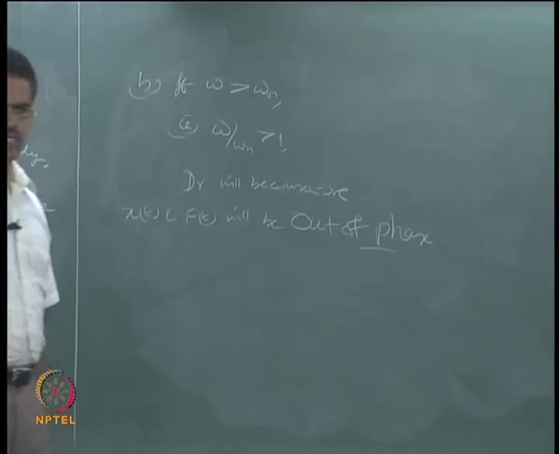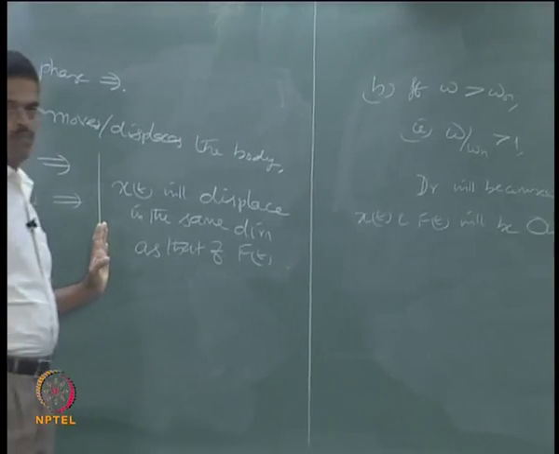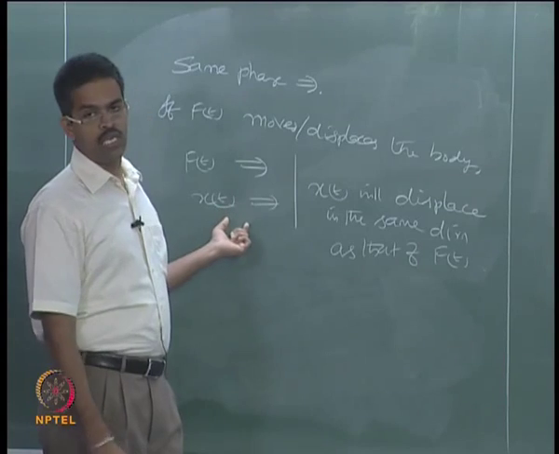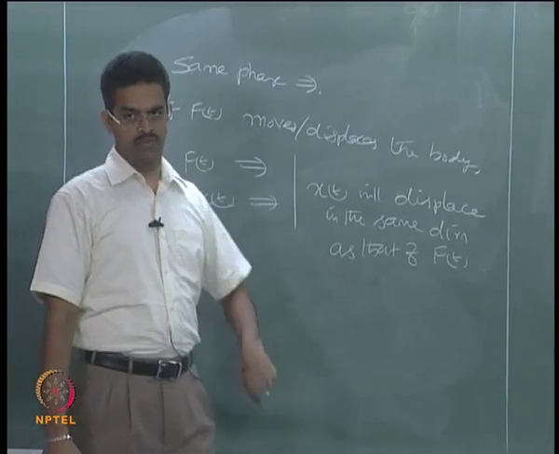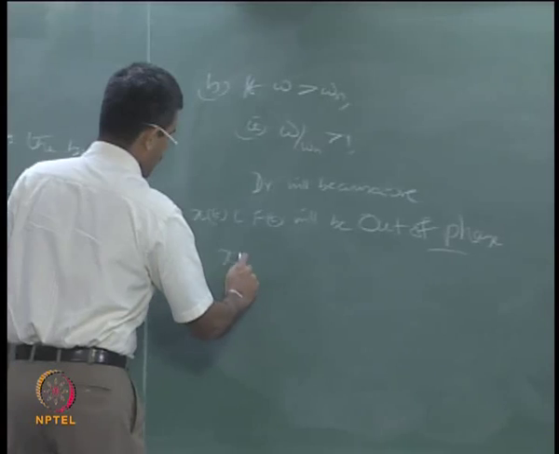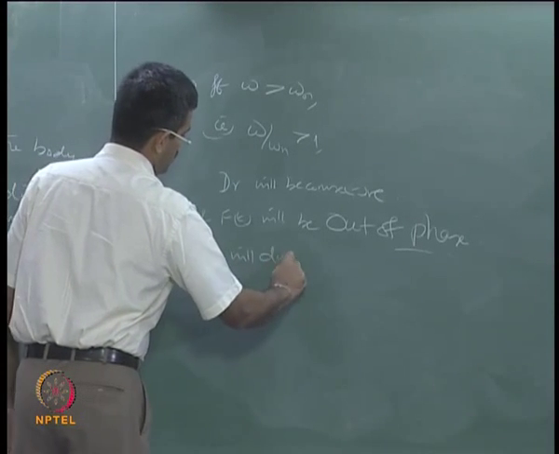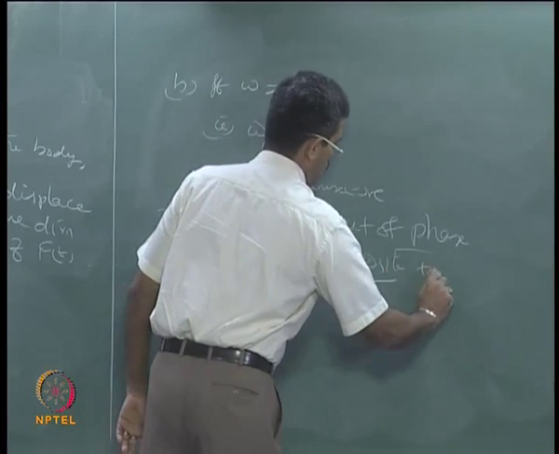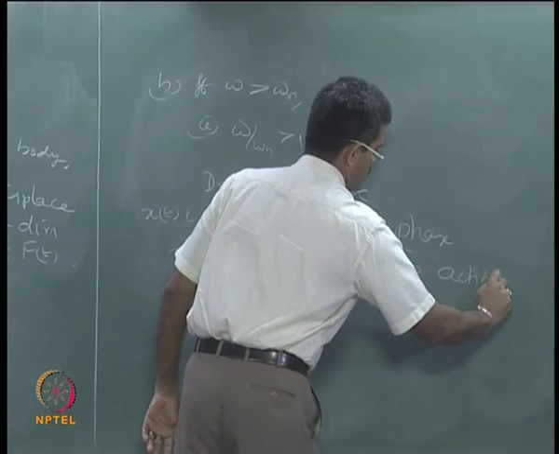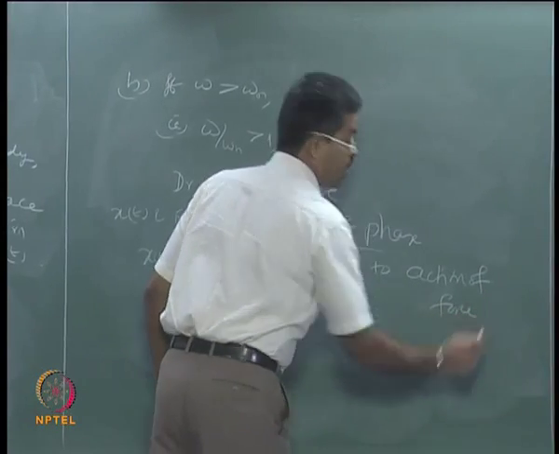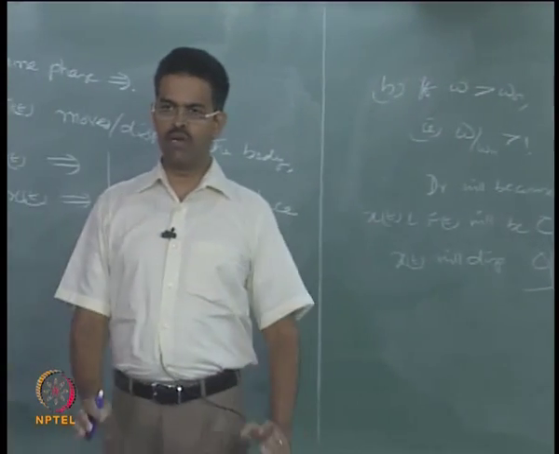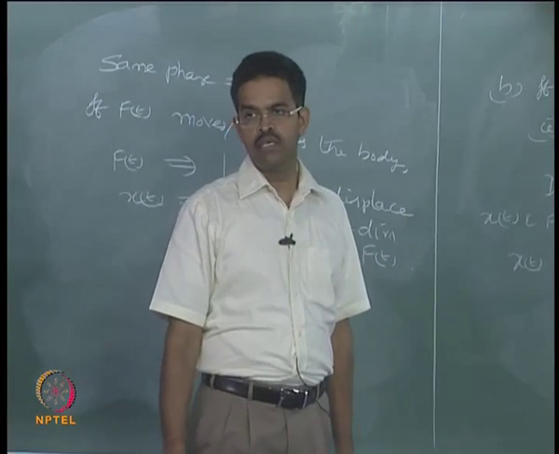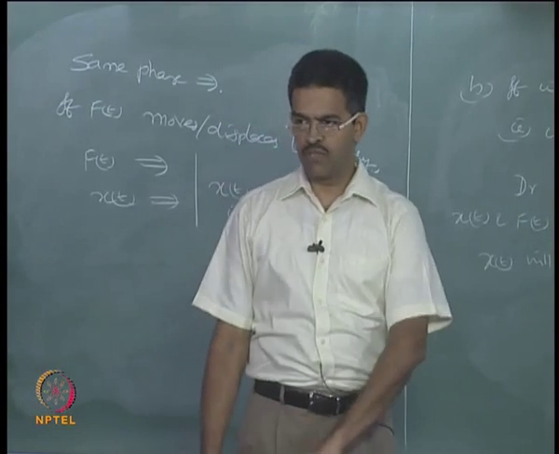So, what does out of phase mean? If f of t tries to act from left to right, x of t will have displacement towards left. So, x of t will move or will displace opposite to the action of force. Now, this is very interesting and very difficult to imagine. A body is there, you are trying to push the body towards right, but the body is responding towards left.